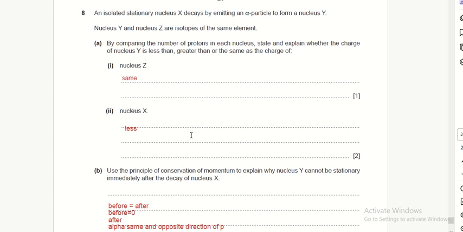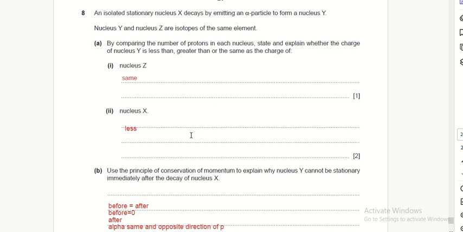How does Y compare to X? It will be less, because X is the parent nucleus and Y is the daughter. The parent loses two protons and two neutrons, which is the alpha particle. So it loses 2 from the atomic number and 4 from the mass number.